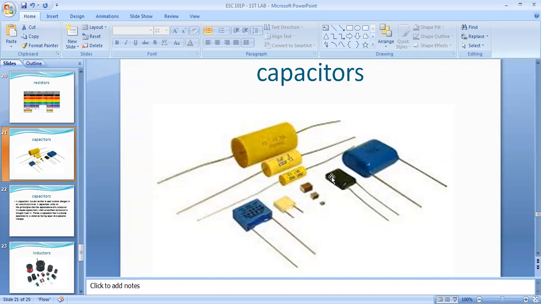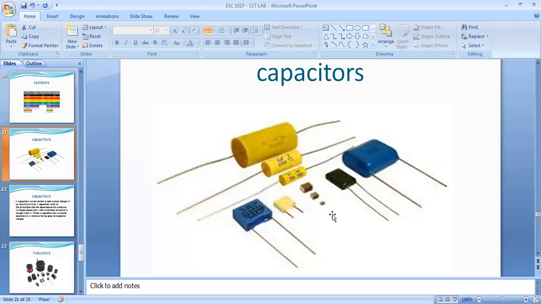Also, we use the pedestal fan, and it also has a capacitor, but the rating is different. The pedestal fan capacitor rating is about 4 microfarad.